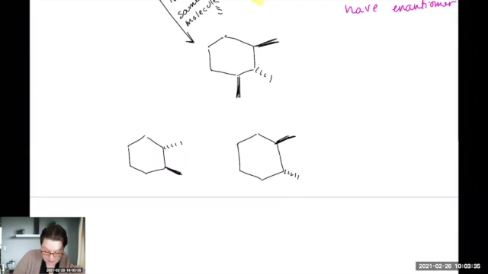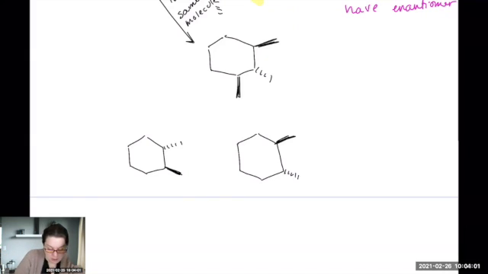Every asymmetric carbon, when I compare between the two molecules, this one and this one, opposite configuration. This one and this one, opposite configuration. Okay, so these are not diastereomers. So the question is, are they the same molecule or are they enantiomers?